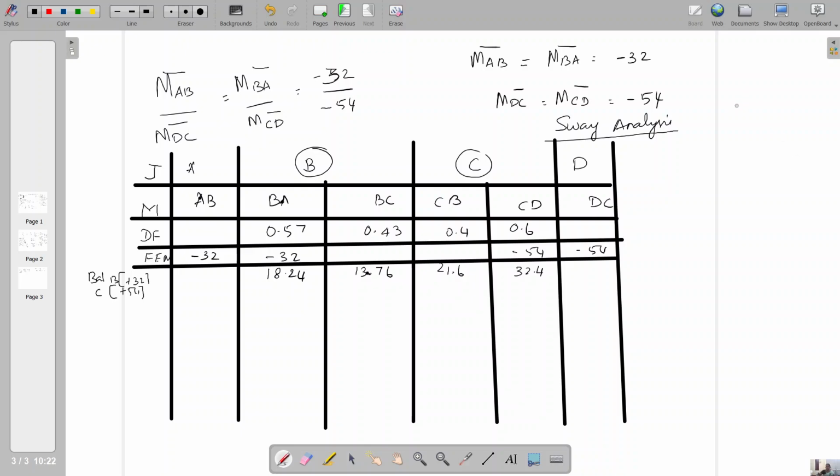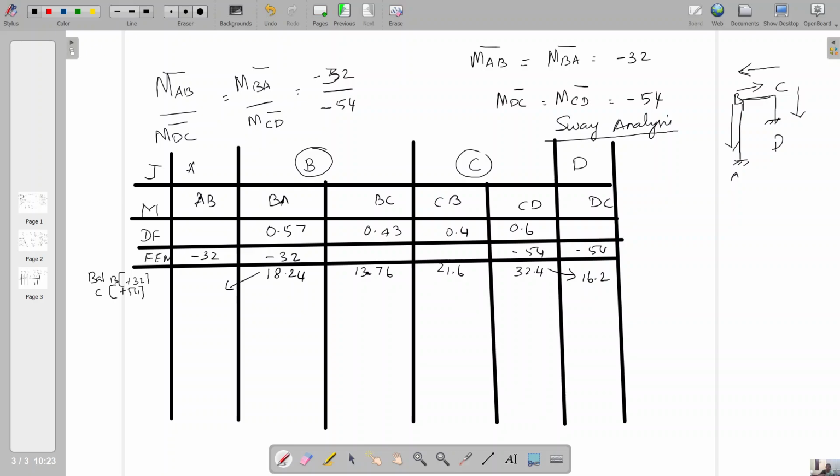So now the carryover of moment should be done. Both the ends are fixed from B to C. So the moment should be carried over to B to A as well as B to C, and the moment should be carried from C to B as well as C to D. So first half of the moment carry over to here as 16.2.